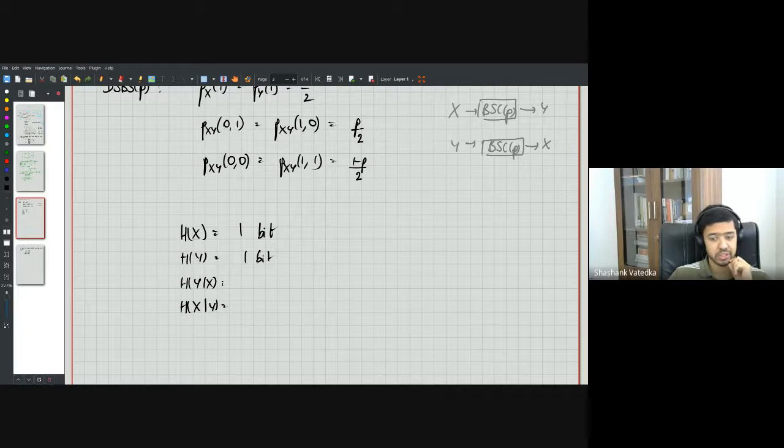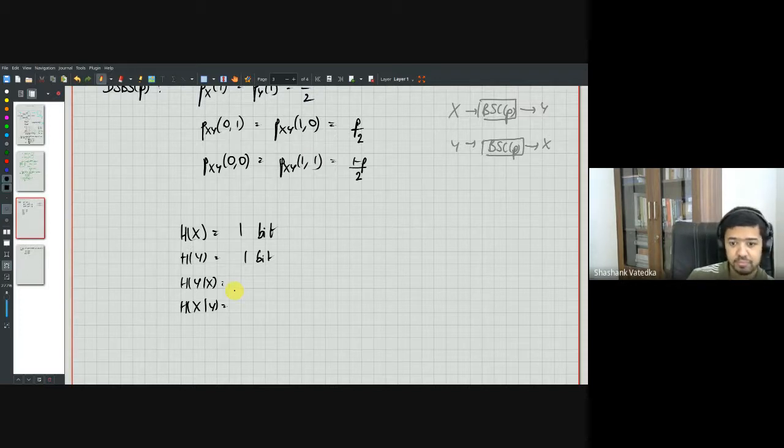So what is H(Y|X) going to be equal to? What is P(Y=0|X=0)? 1 minus p.